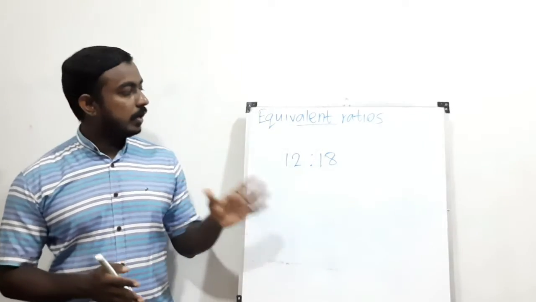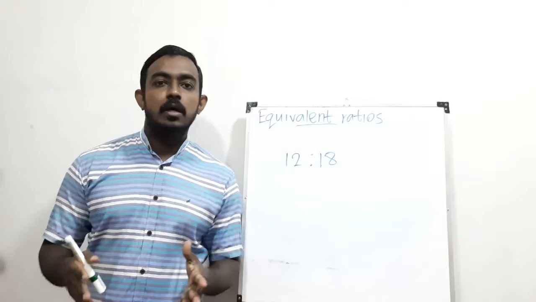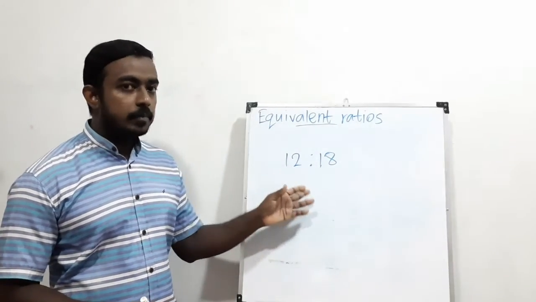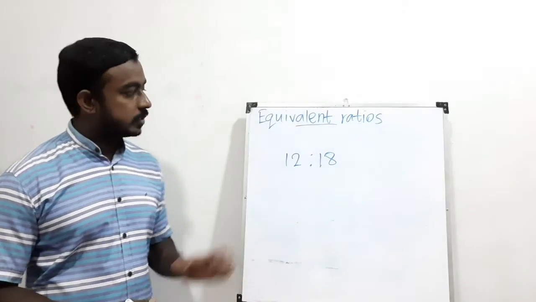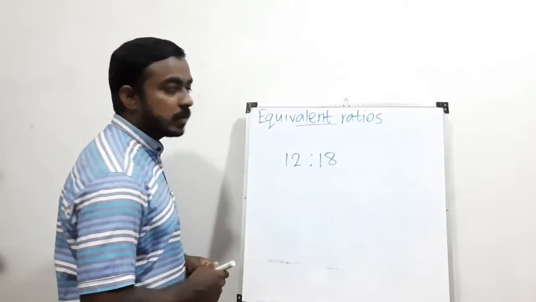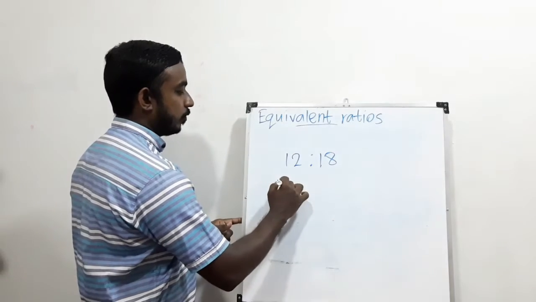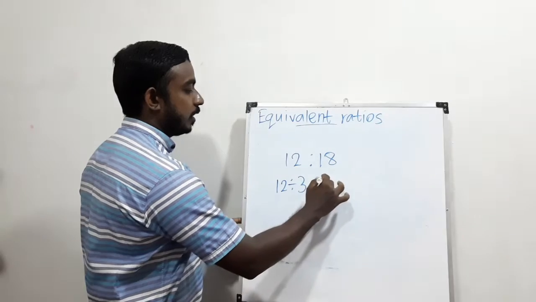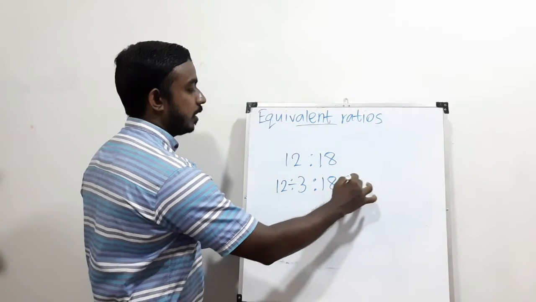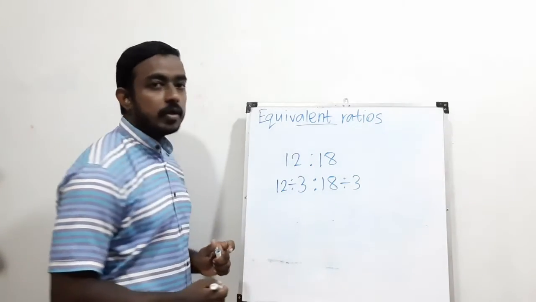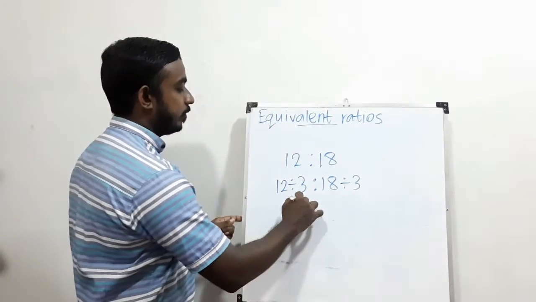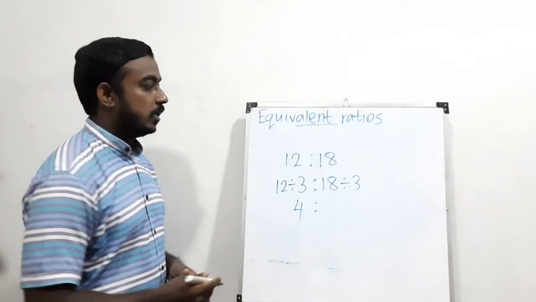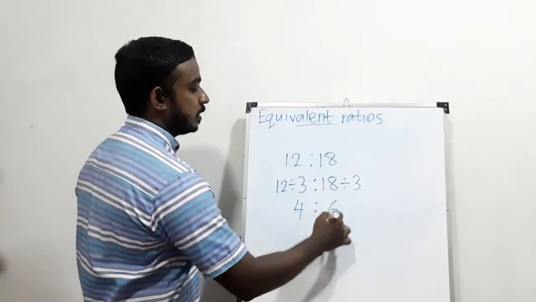We can divide these two terms by a number. Here, we can divide these two terms by 3. Therefore, I'm going to write 12 divided by 3 and 18 divided by 3. Then when I divide 12 by 3, I will receive the answer as 4. Then when I divide 18 by 3, I will receive the answer as 6.